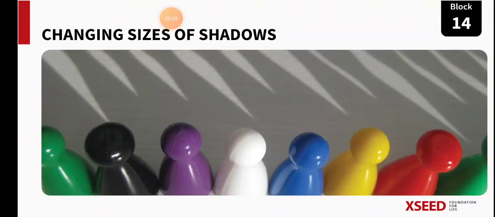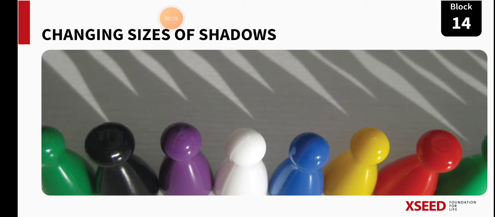In the last class you learned about luminous and non-luminous objects, how light is important for the formation of a shadow, and how the size of shadows changes. Now you are going to learn a little more about the size of shadows in today's class too.